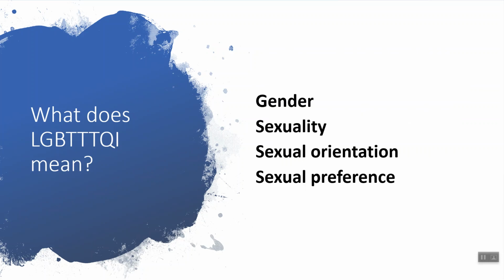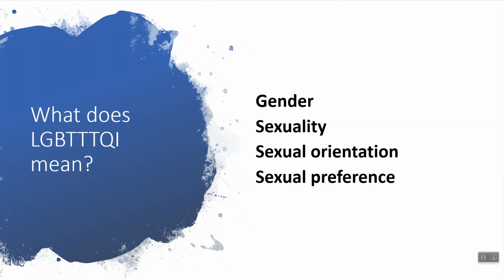There are other terms that we should take a look at just to get them clear. The difference between gender and sexuality. So sexuality is how we live our sexual pleasure, our sexual attraction. It's how we live our sexual life. Gender is different.